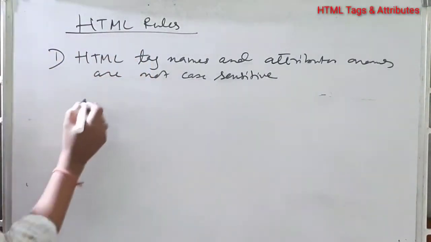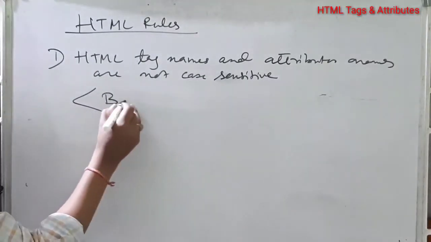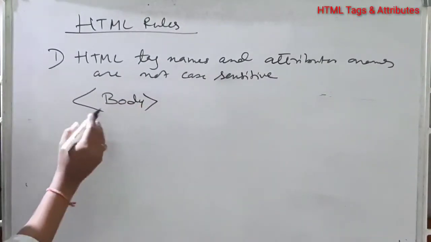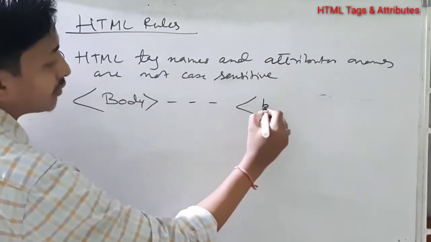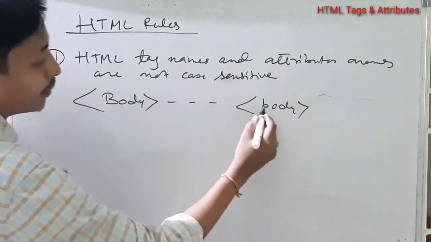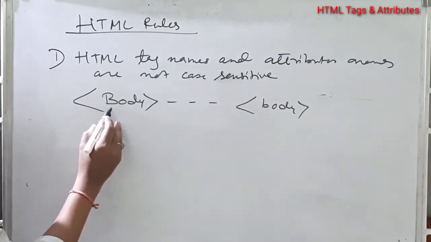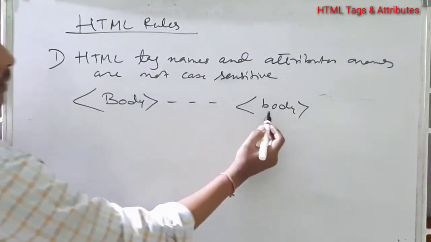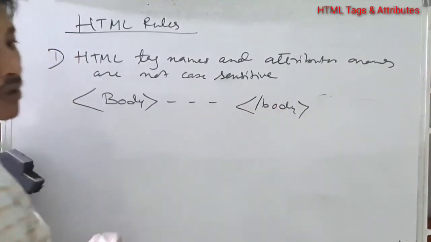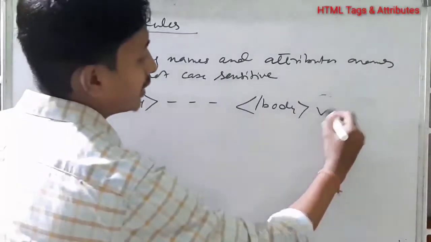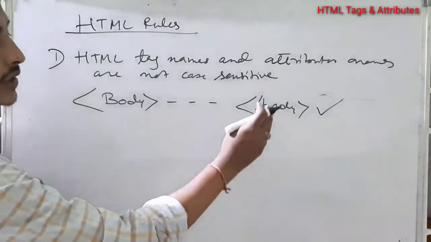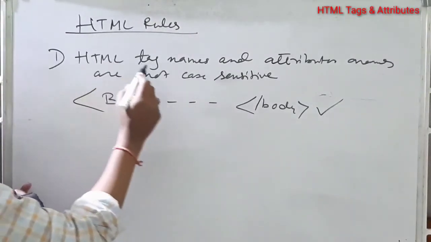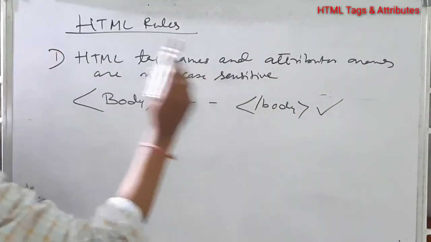For example, if you open your body tag with B capital, and if you close the body tag with B small, that is okay. It is right. This is not incorrect, this is correct, because HTML tag names and attribute names are not case sensitive.